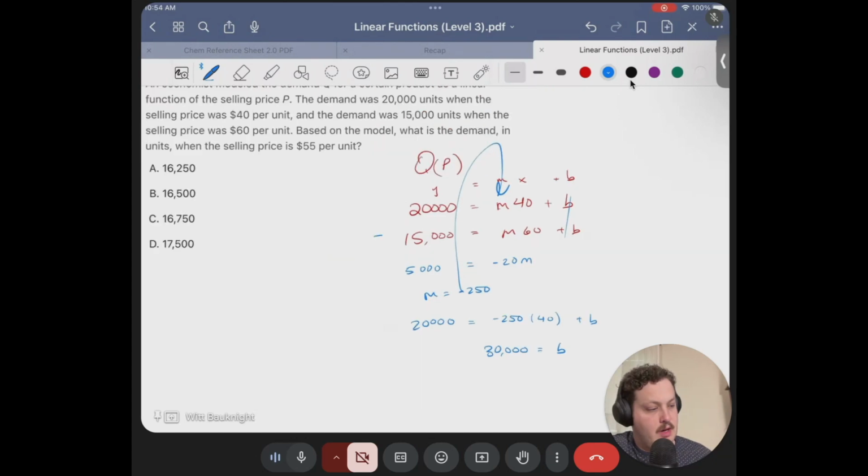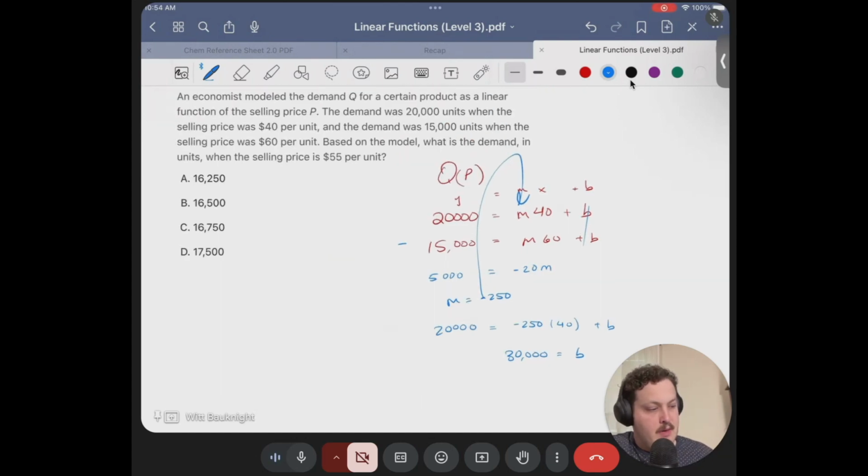All right, so now we know m and b. What is the demand when the selling price is 55? And I get answer A.